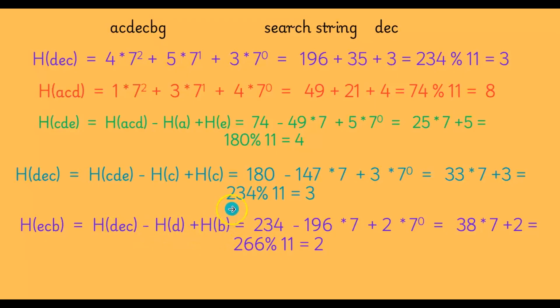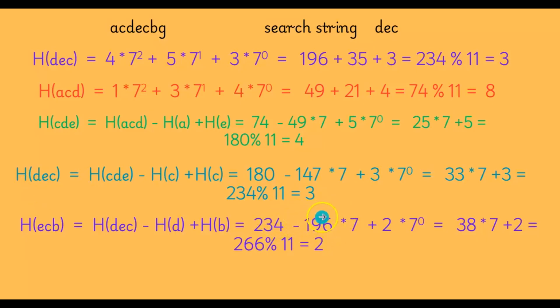So what is the previous hash value? 234 minus, here in the previous case D was in first place. That means, what is the number assigned to D? 4 into 7 square, 49. That is 4 into 49, 196.